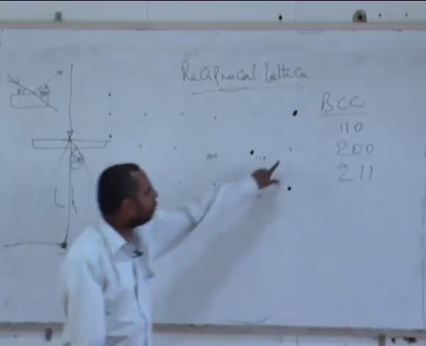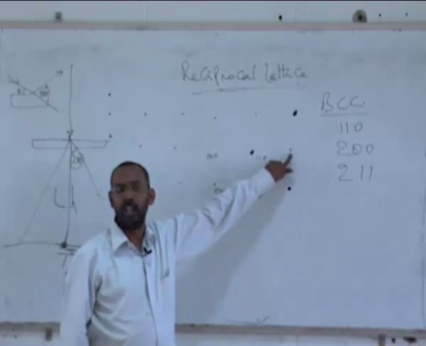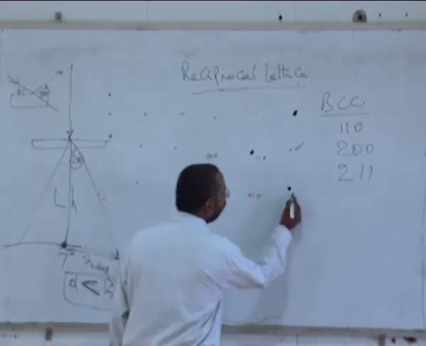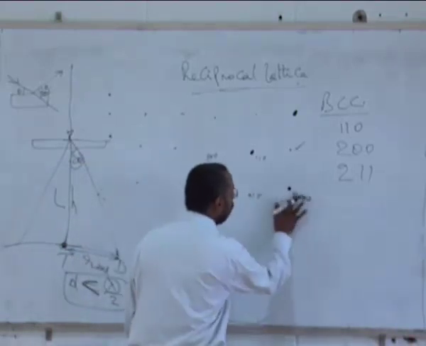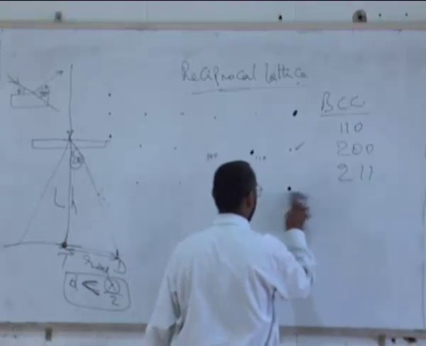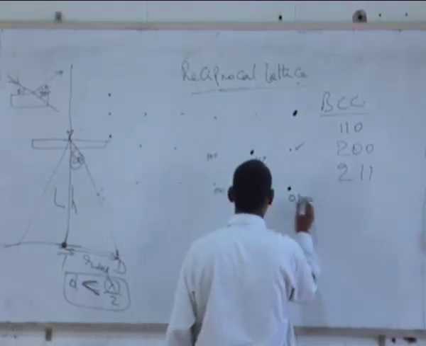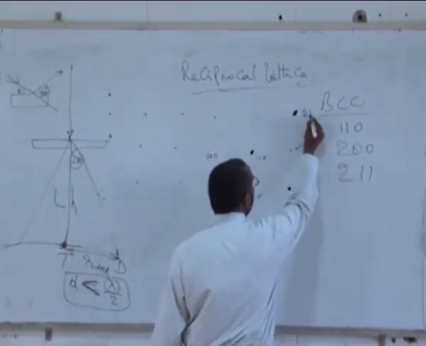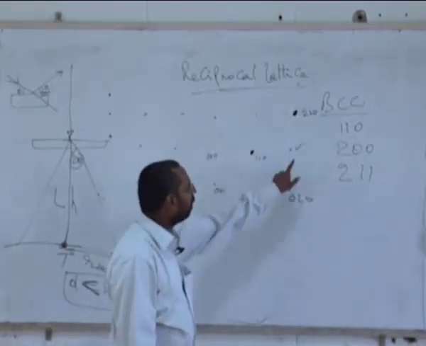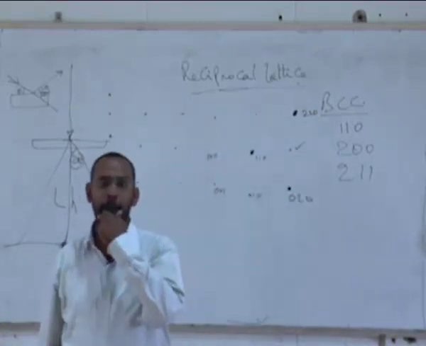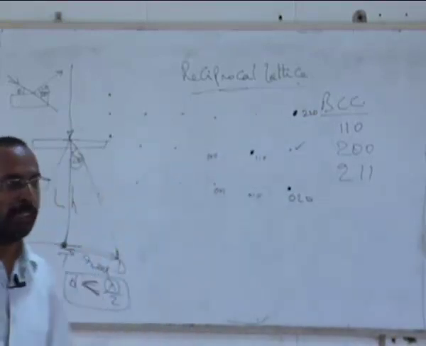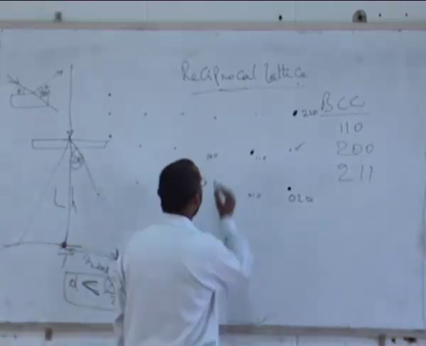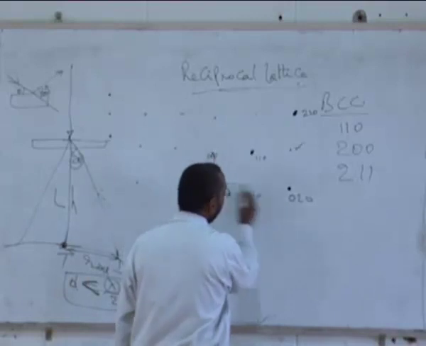Right? And what is this spot? Can somebody tell me? This is 200. I mean 0, 2, 0. If this is 0, 1, 0, this is 0, 2, 0. And this is 1, 1, 0, this is 2, 2, 0. Then what is this? This is nothing but a vector summation of this vector and this vector.